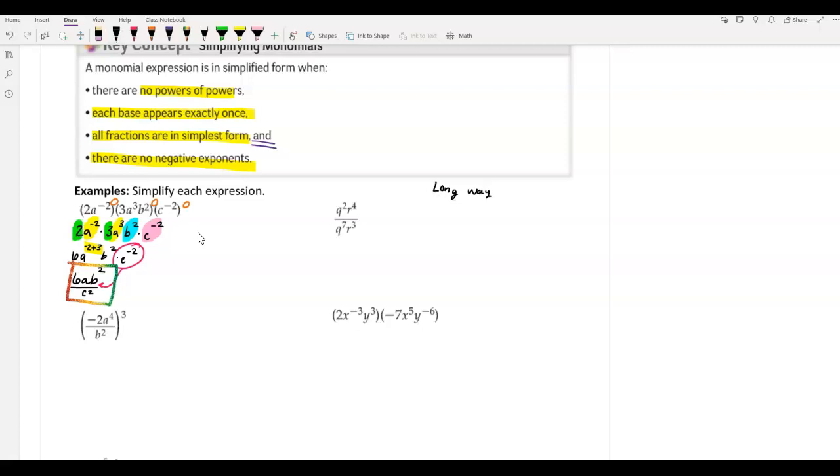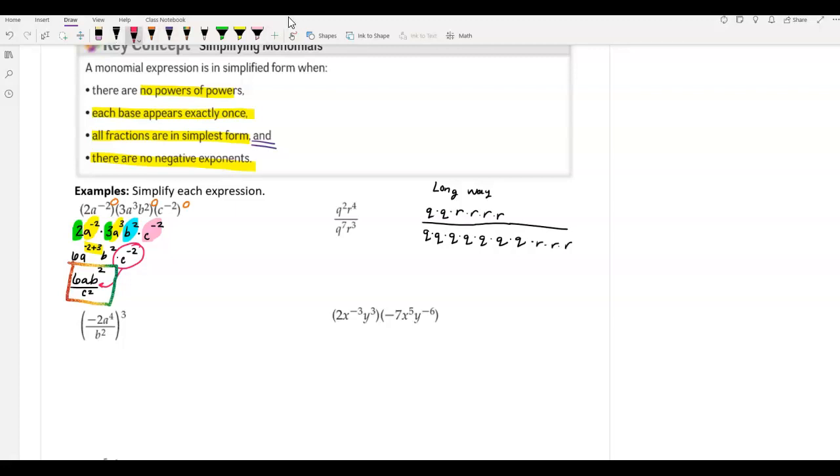In the long way, we actually expand all of our variables out. So we have 2 q's because it's q squared, and r to the fourth, so 4 r's: 1, 2, 3, 4. In our denominator, we have 7 q's: 1, 2, 3, 4, 5, 6, and 7, and 3 r's: 1, 2, 3.